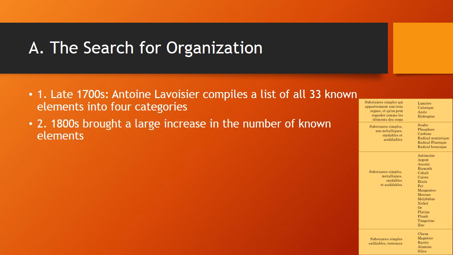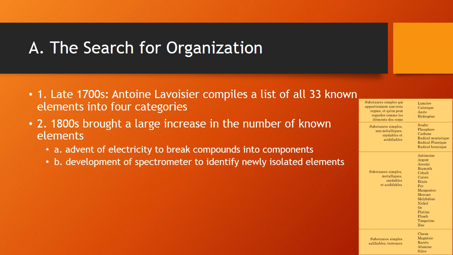And after Lavoisier comes up with his list, as time goes on, we get to the 1800s, of course, and this brought on a very large increase in the number of known elements. Things like the advent of electricity allowed us to start to break compounds down into their components, and the development of an instrument known as the spectrometer allowed us to identify newly isolated elements.